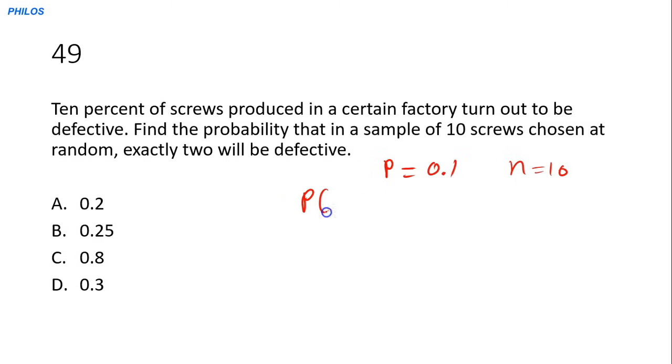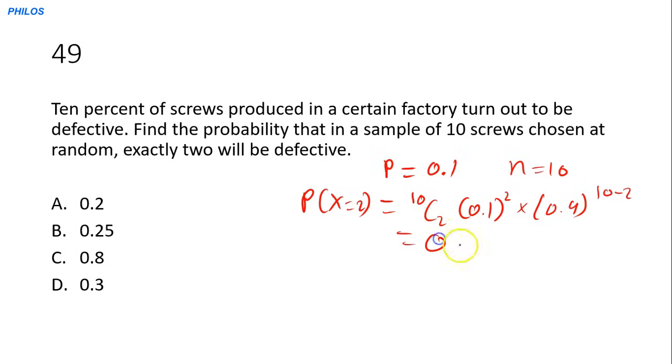Now, probability that x will be exactly 2 will be n combination x, times 0.1 exponent 2 times 0.9 exponent 10 minus 2. If you put this on your calculator, you get 0.1937. So let's leave that for now.